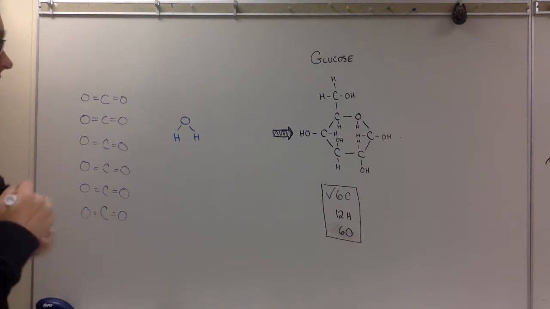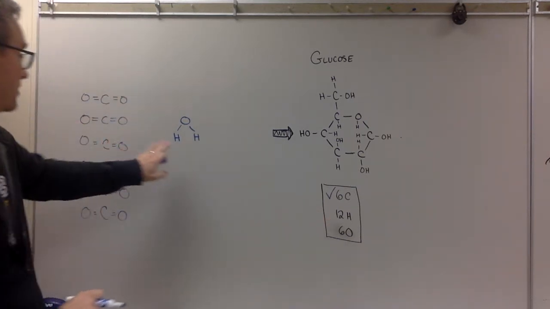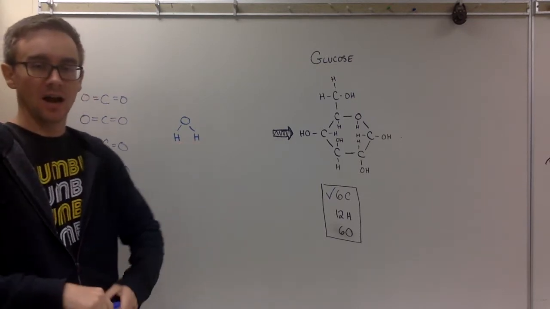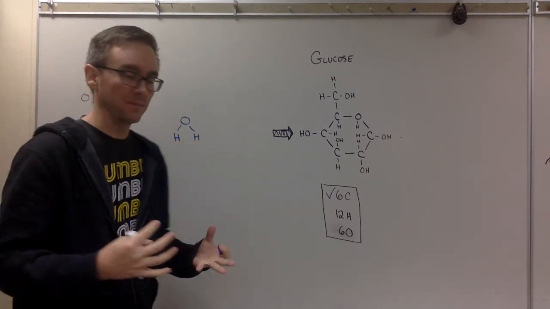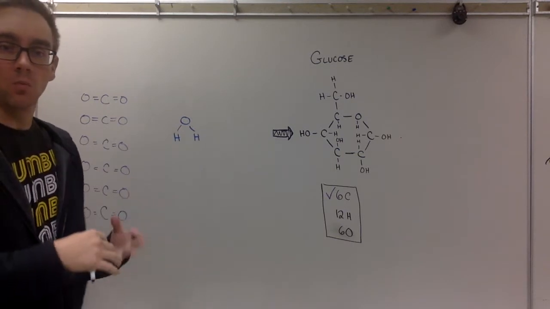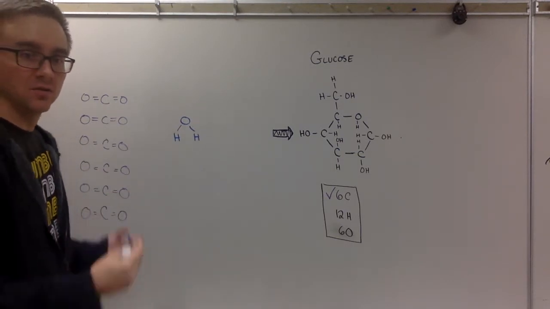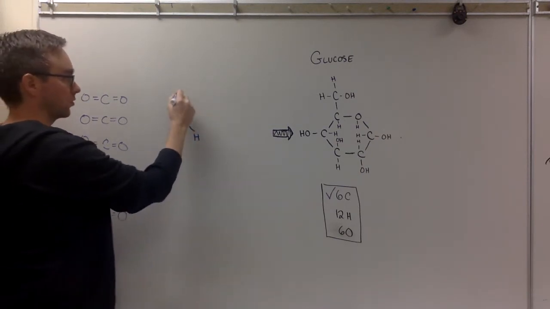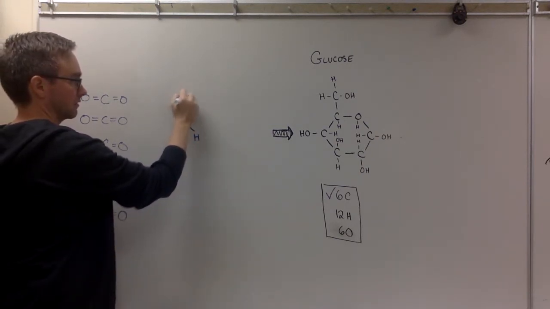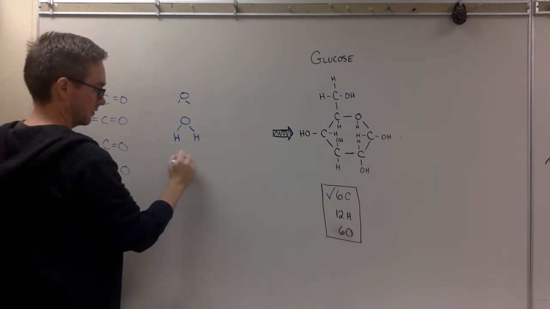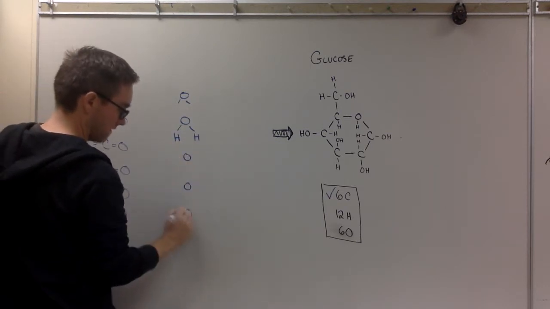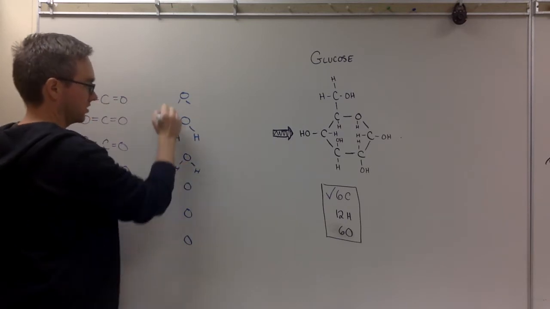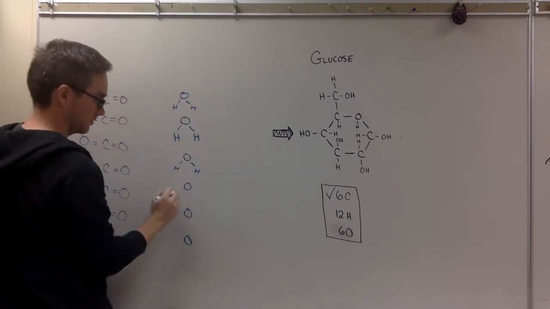Now for my hydrogens, I can get my hydrogens from my water. I have 2 of them already, which means I need 10 more. So the question is, how many more water molecules am I going to need to make this happen? The answer is I need 5 more for a total of 6. Each one's going to have an oxygen with the 2 hydrogens.